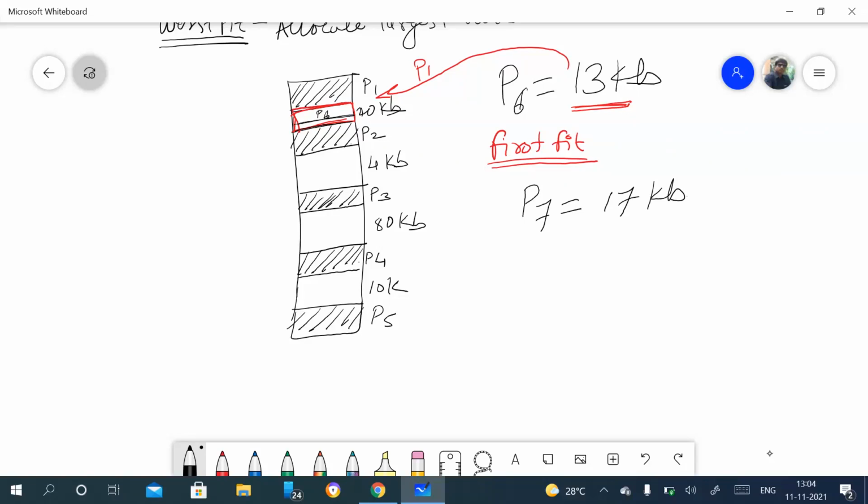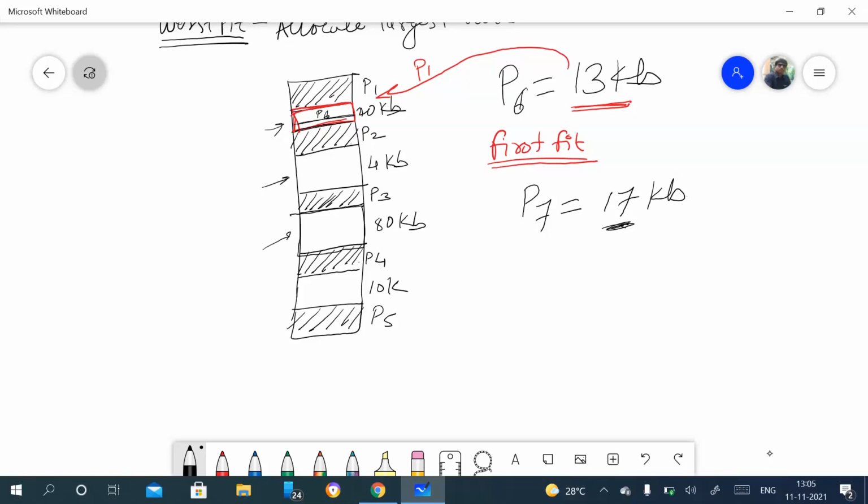If you consider first fit, this is reserved. This block is of 4 kb, so the size is not matching, then it comes here. So this is the first free hole we got.